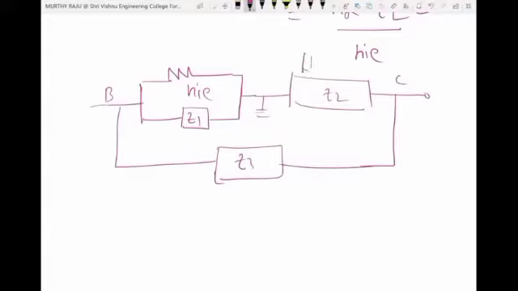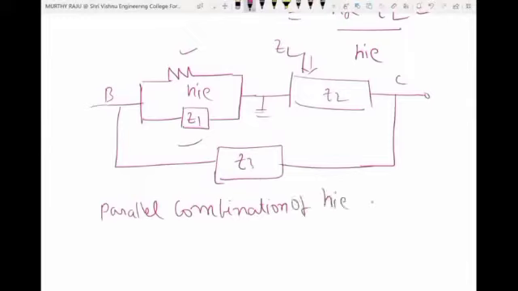Now find ZL, the impedance looking across ZL. These two are connected in parallel. First, the parallel combination of HIE and Z1 is equal to HIE Z1 by HIE plus Z1.